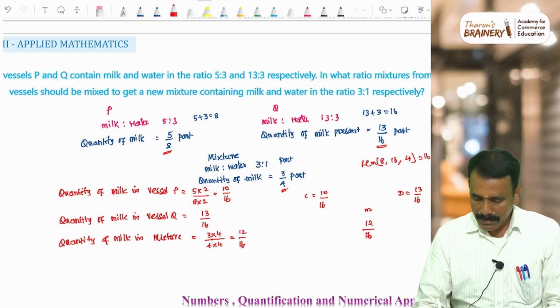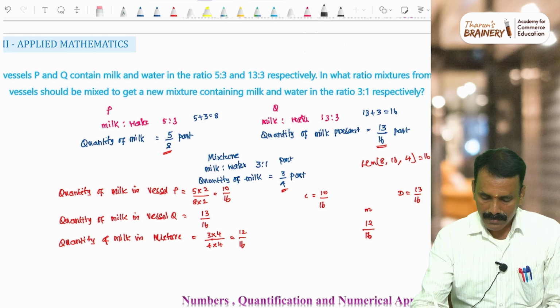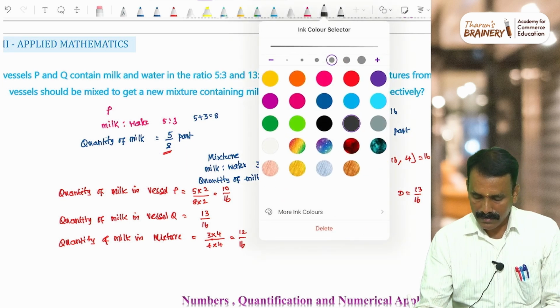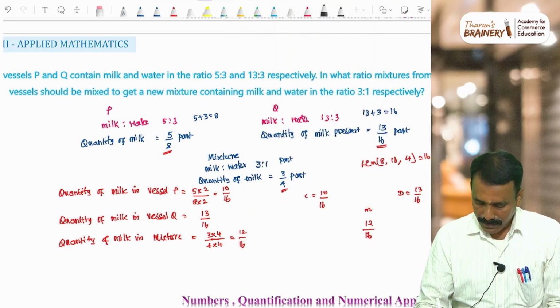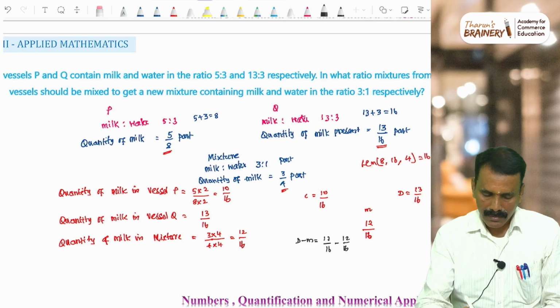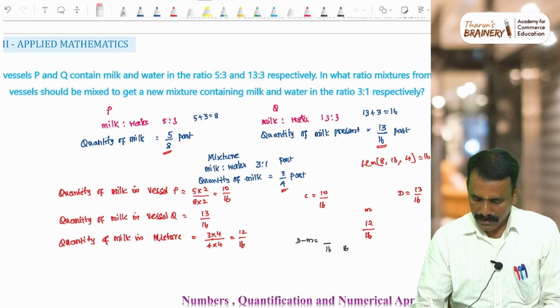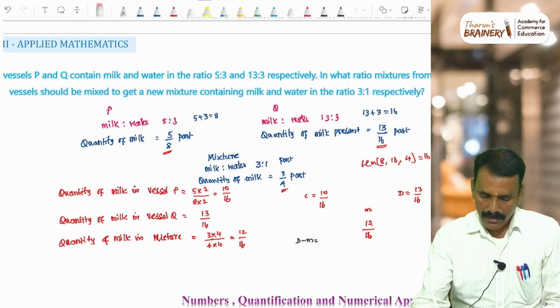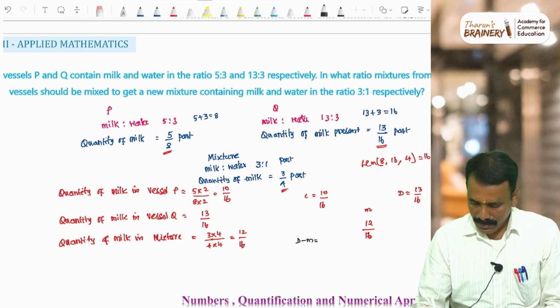Now I am going to calculate D minus M. D minus M is 13/16 minus 12/16, which is equal to 1/16.